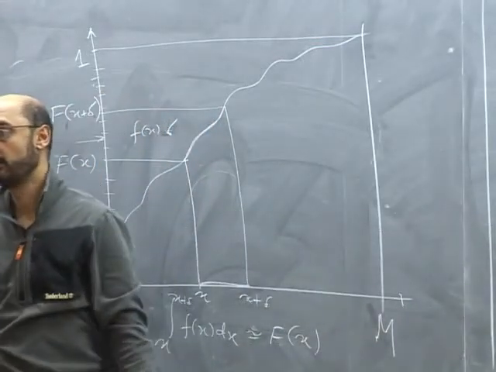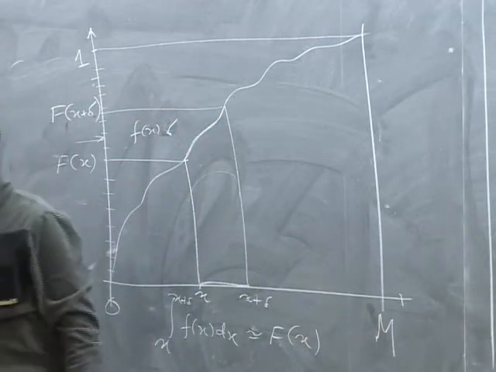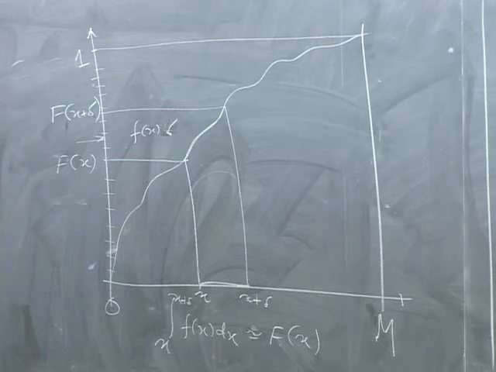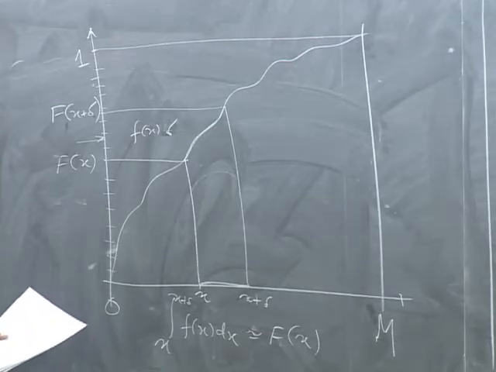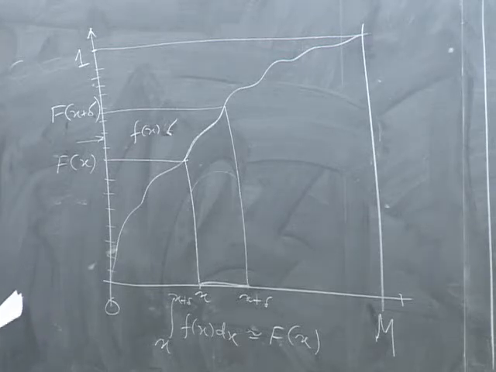Yes, Navid? Why is the formula wrong? Delta is very small. So that integral is very small. But F of x, if we have a large x, F of x is between 0 and 1.